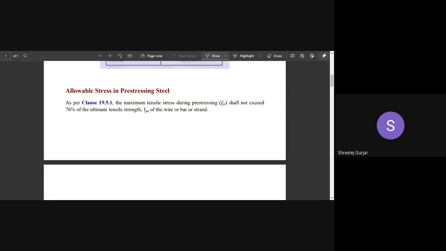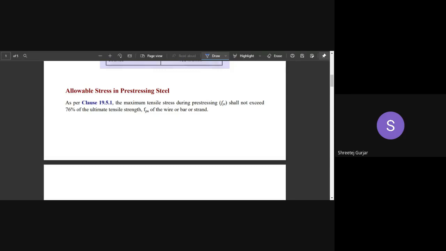Whenever we are pre-stressing wires, bars or strands, whichever is the element, we have to limit our pre-stressing to 76% of ultimate tensile strength.